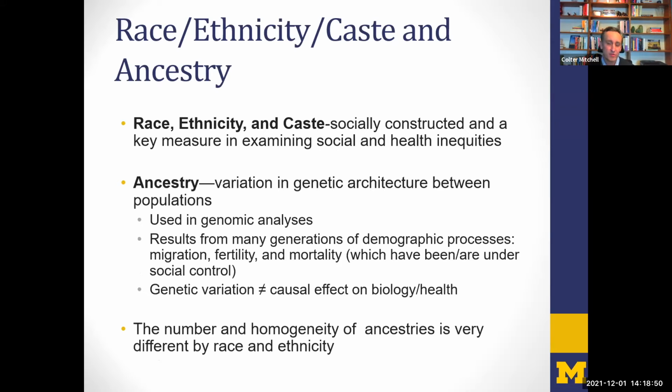One final note that's really important to keep in mind here is you're going to hear me say things like ancestry. And that really shouldn't be confused with race, ethnicity, or, in the case of our study, caste. Race, ethnicity, and caste are socially constructed and are often the measures that we use when we look at social and health inequalities. It's not that they're not real in their effects, they're just socially constructed.